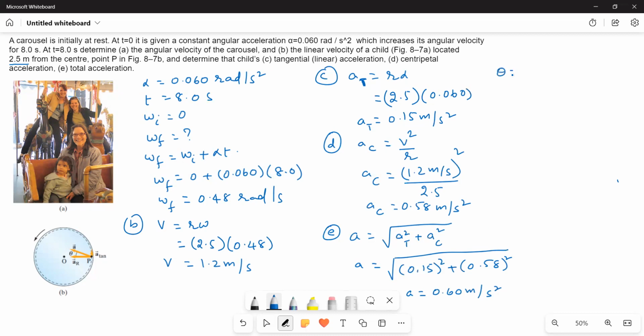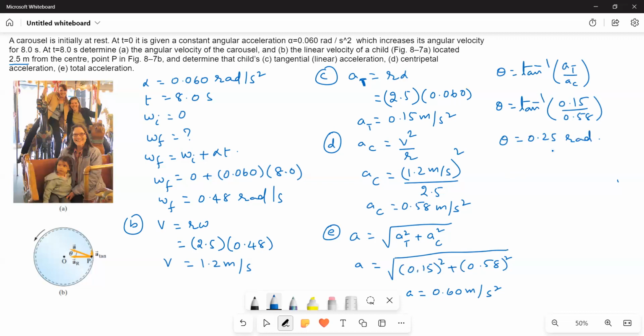Therefore, theta is equal to tan inverse of a t by a c, which is tan inverse of 0.15 divided by 0.58. Therefore, theta is equal to 0.25 radians.